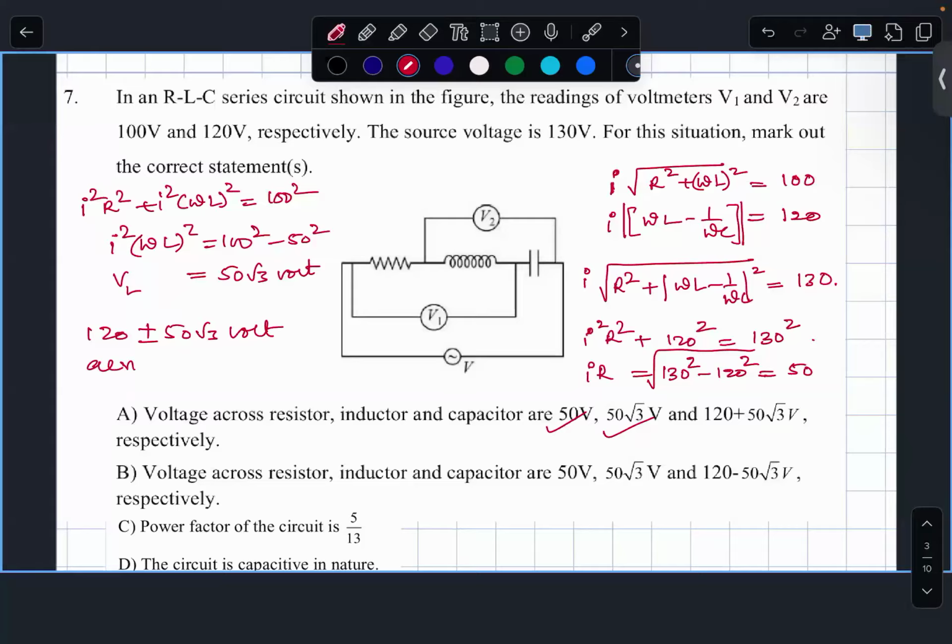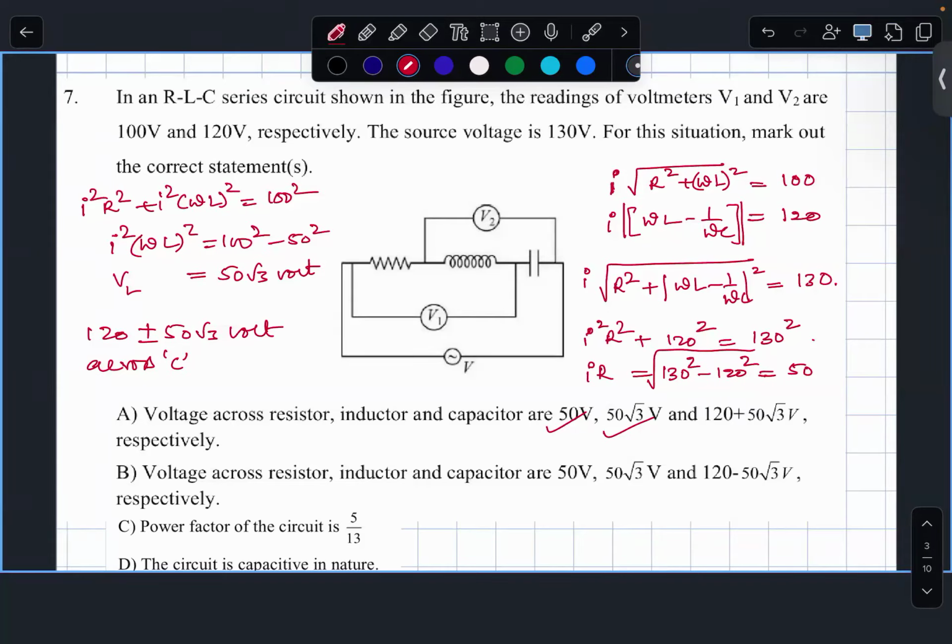Why express it this way? Because we have no idea whether the circuit is capacitive or inductive. If it is an inductive circuit, the difference is taken.